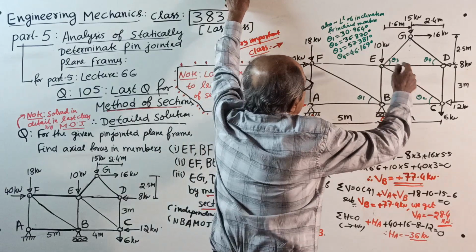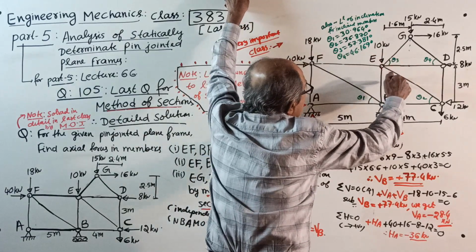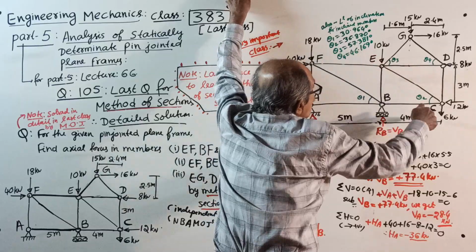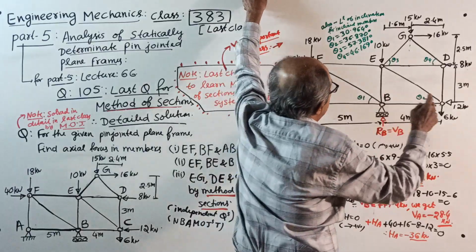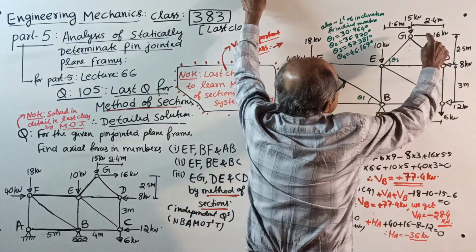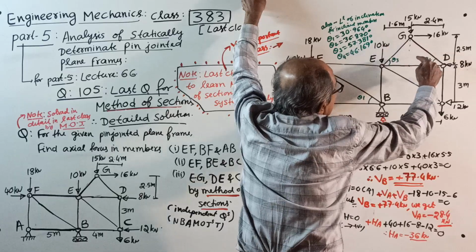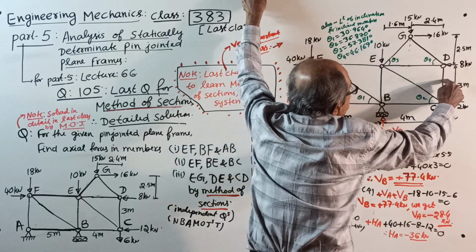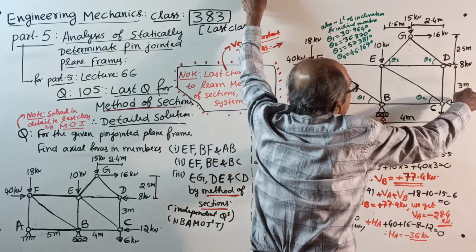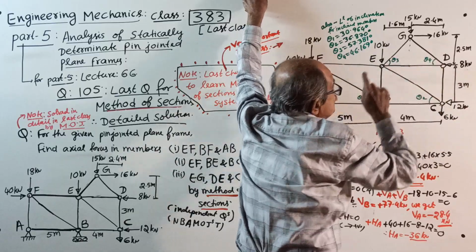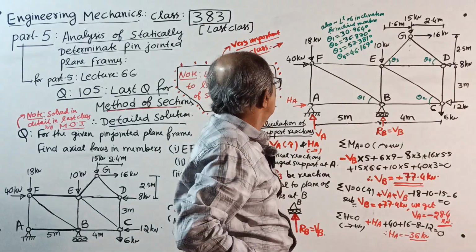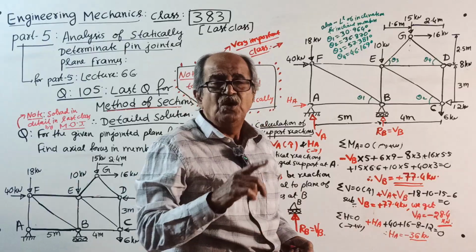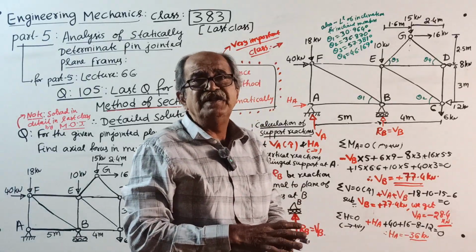If it is this member and this member, no angle of inclination is required. Lastly, if you cut here for this one and this one, you require only this angle. Theta 4 we don't require today, but still I wrote it. When you do method of sections, whichever member is required, find the angle.